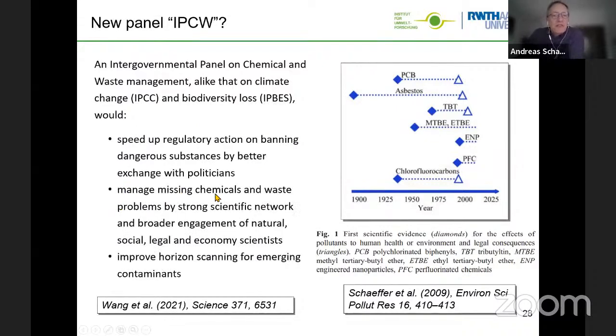It would manage missing chemicals, because of all these 350,000 chemicals and products, only a small part has been investigated, by increasing the scientific network and broader engagement of natural, social, legal, and economy scientists. And it could improve the horizon scanning for new or emerging contaminants.